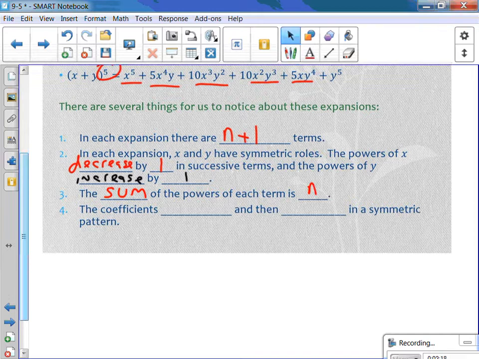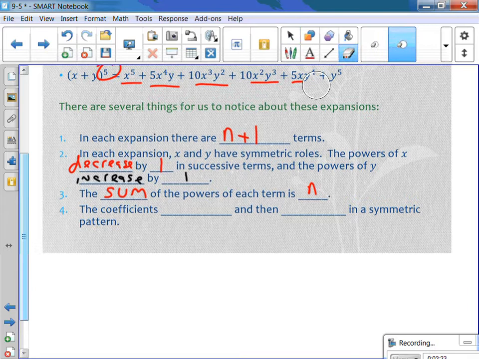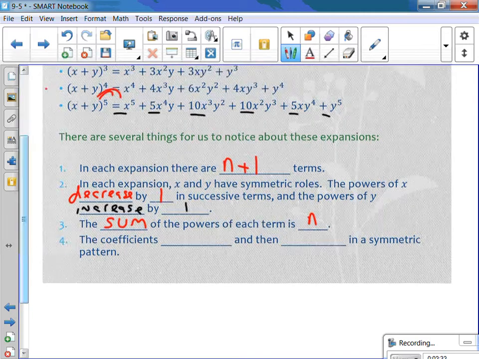And lastly, if we look at the coefficients, here we can see we have a 1, 5, 10, 10, 5, 1, 1, 4, 6, 4, 1.